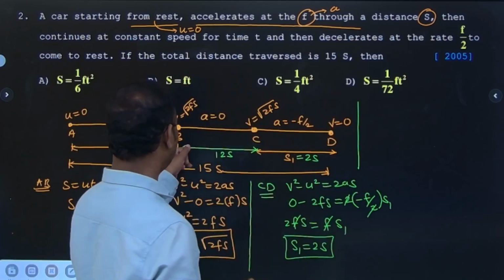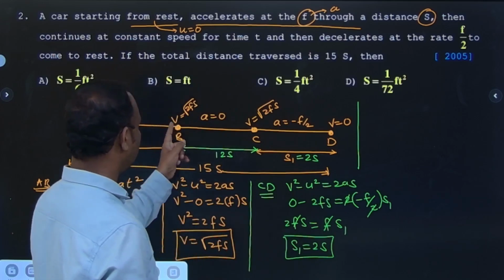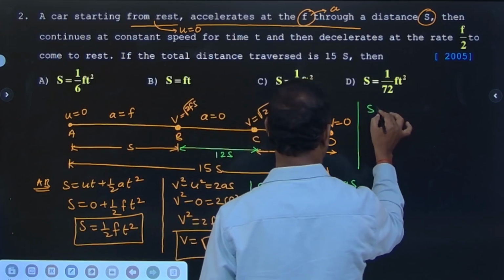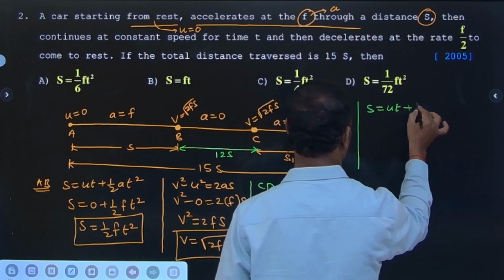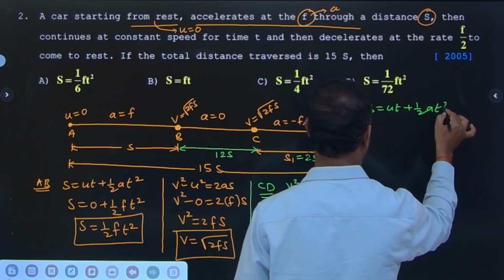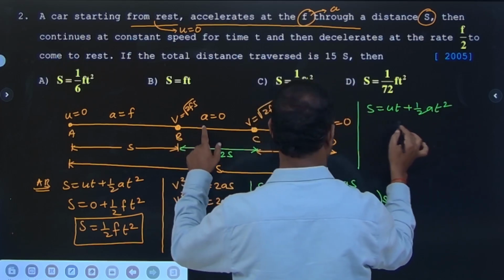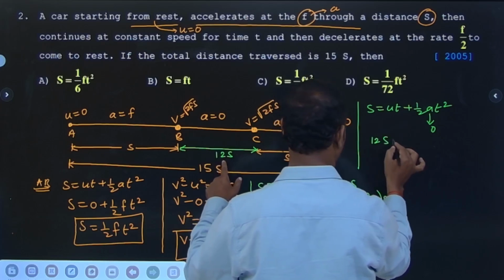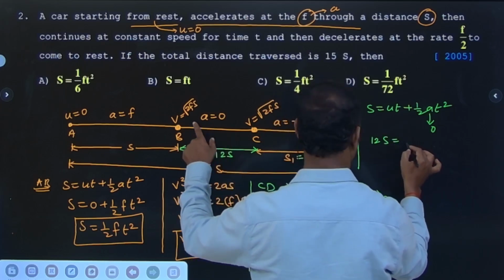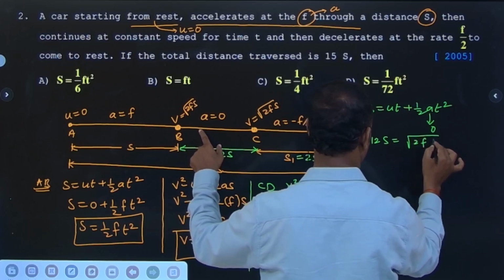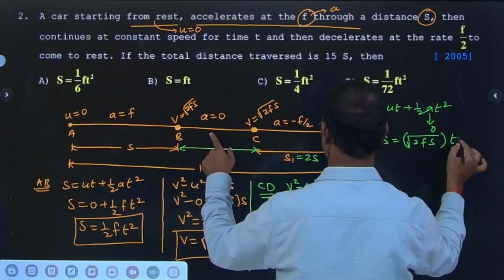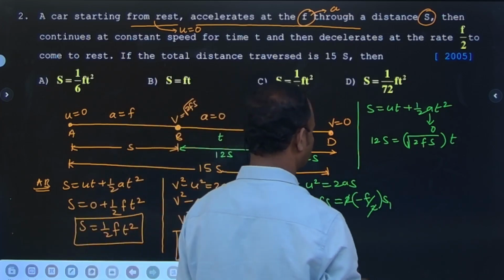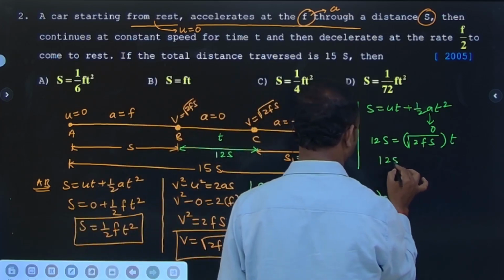Here this is velocity, so I'm using s is equal to ut plus half a t square. What is the acceleration? It's 0. So 12s is equal to u, which is under root of 2fs, into the time taken, which is t.